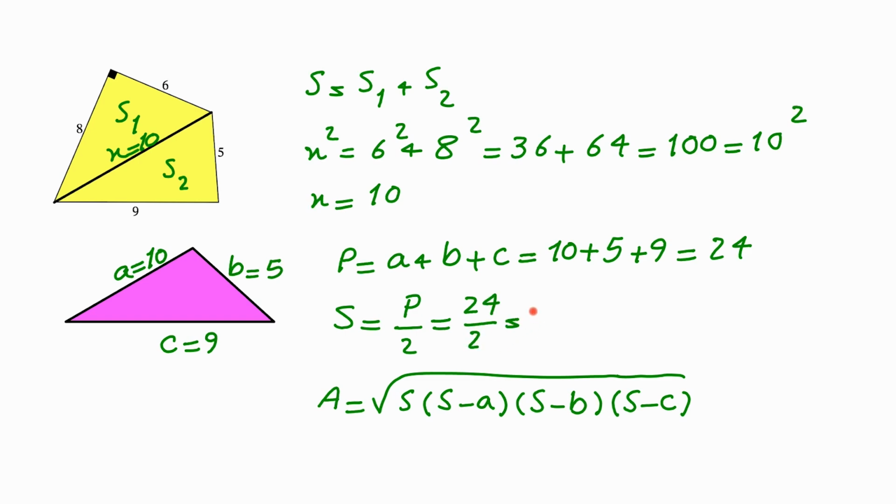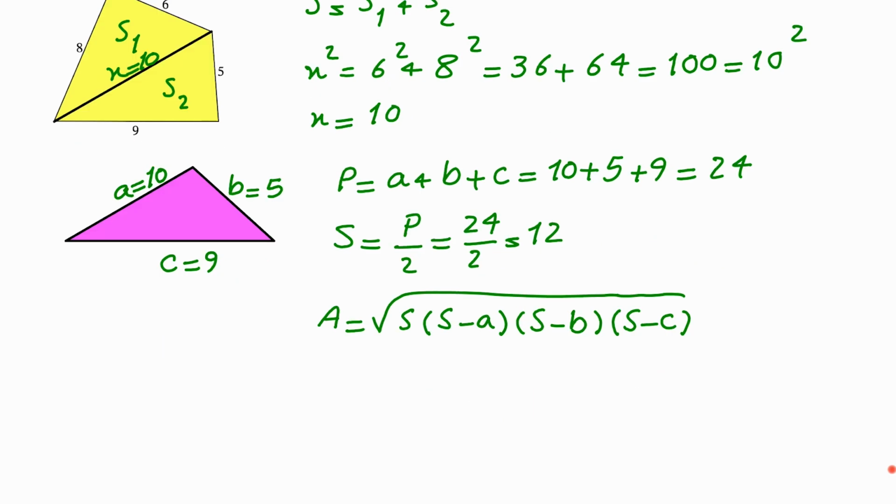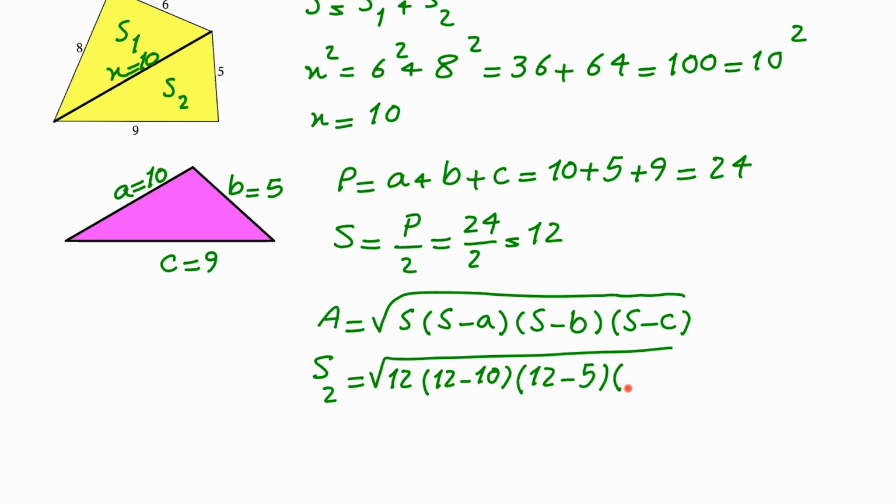We get 12, and finally we can calculate the area S2, which is equal to the square root of 12 times 12 minus A, which is 10, and times 12 minus B, which is 5, and times 12 minus C, which is 9.